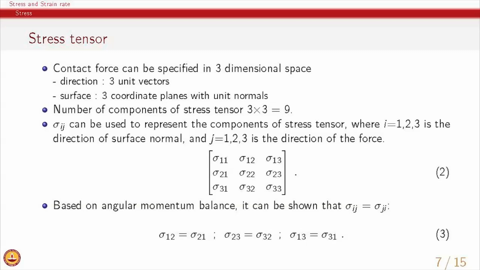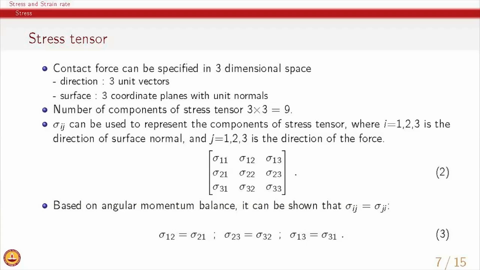So, we have 9 components of the stress, each component represents one specific direction of the stress as well as direction of the surface, and we will not do this derivation, but it can be shown based on angular momentum balance that the stress tensor is symmetric, which means sigma 1 2 is equal to sigma 2 1 and sigma 1 3 is equal to sigma 3 1.